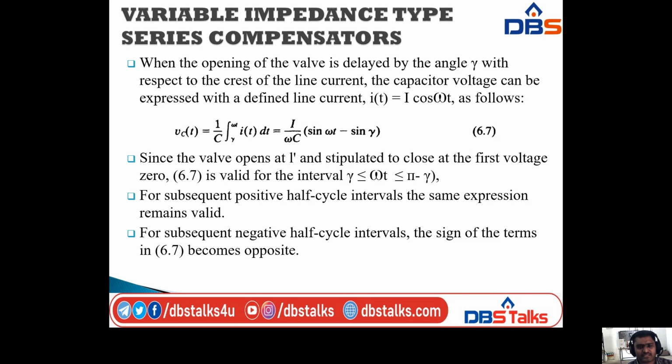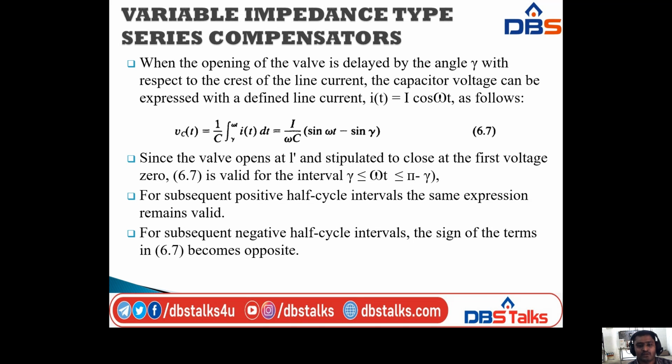The voltage across the capacitor is Vc of t equal to 1 by C integral from gamma to omega t of I of t dt. We know already I of t equal to I cos omega t is substituted here, and after integrating this we have 1 by omega C into sin omega t minus sin gamma. So treat this equation as 6.7.